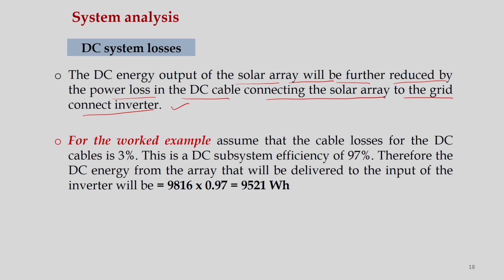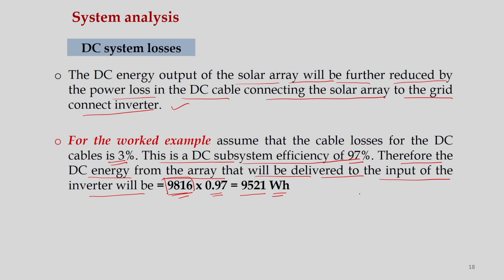If we continue with the same problem and we add this loss of about 3% for the DC cable, then DC subsystem efficiency will be 97%. Therefore, the DC energy from the array delivered to the input of the inverter will be 9816 into 0.97, which is 9521 watt hour, because this one we have already calculated.